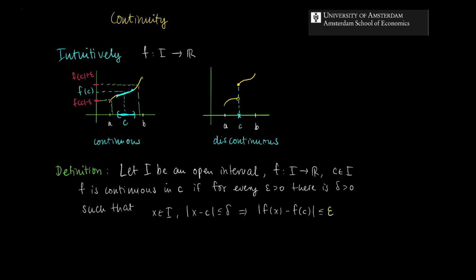So all images should be contained between f(c) minus epsilon and f(c) plus epsilon, which would mean that the distance from the image f(x) to f(c) is smaller or equal to epsilon. So it means that if we take x close enough to c, then the images are also very close. Okay, so that's the essence of continuity.